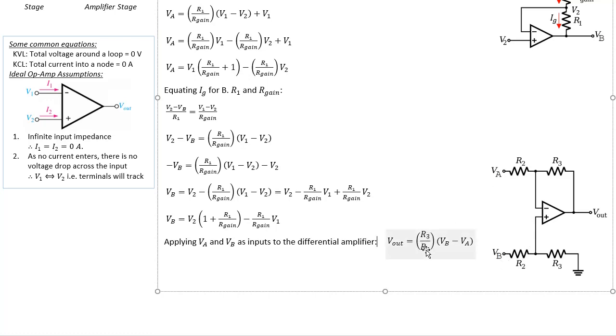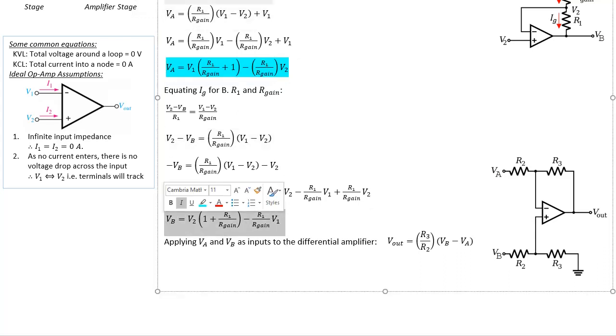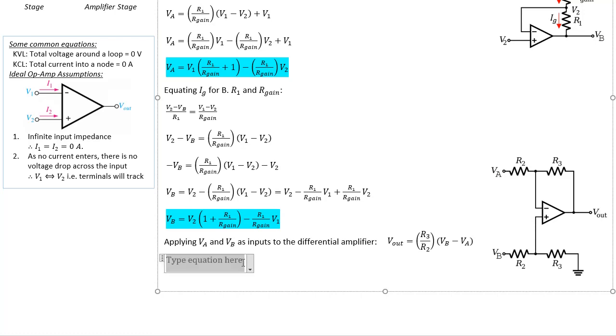What we're going to do is substitute our VA and VB. Let me highlight these two lines. They're not final results, so I'm going to use a different color. These are just VA and VB, intermediate results. So therefore, I can write here that V out is going to be equal to, first of all, R3 over R2, multiplied by, here's the big thing, VB, which is this guy here.